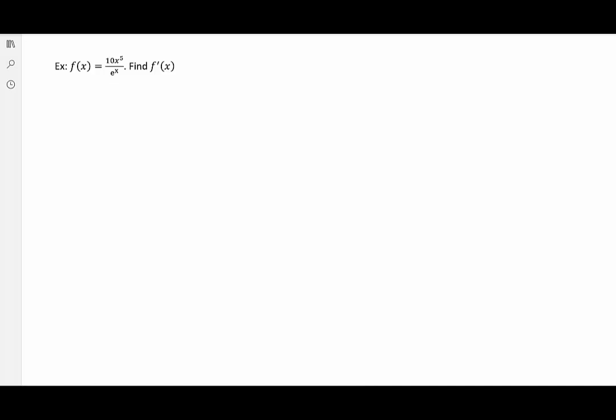So once again, we are doing the quotient rule. So f prime of x is low d high. So we take our low, e to the x, times the derivative of the high. 5 times 10 is 50, x to the 4th power. Excuse me.